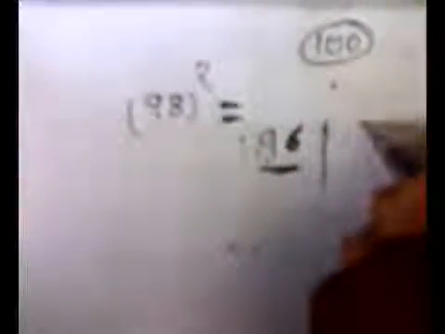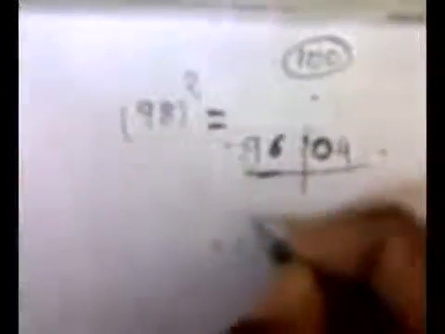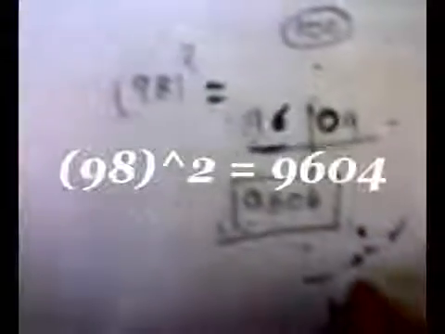So we get the first two digits of our answer. Now again for the second part, 98 is 2 away from 100, and the square of 2 is 4. But as we have to write two digits, we'll use 04, so we have our answer 9604.